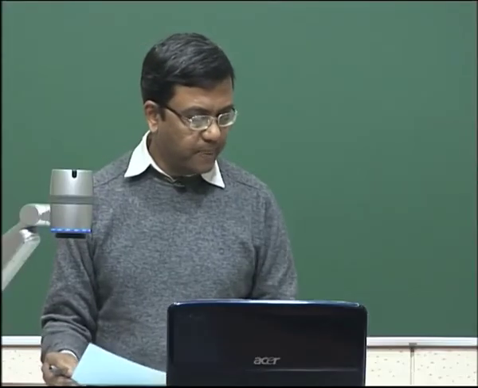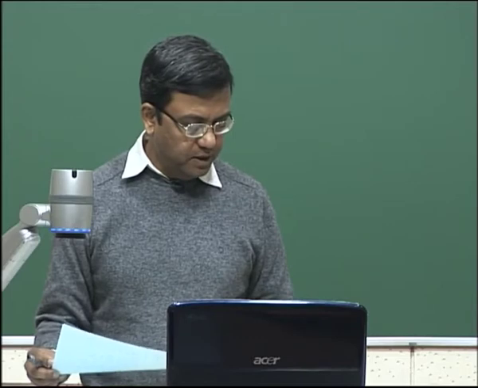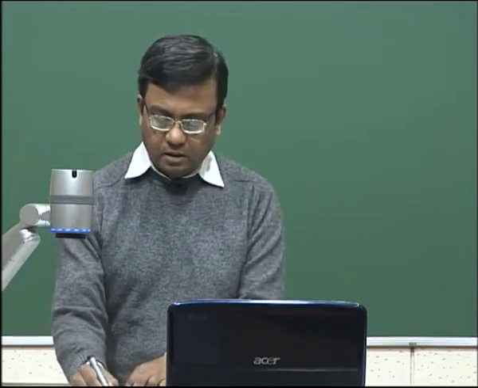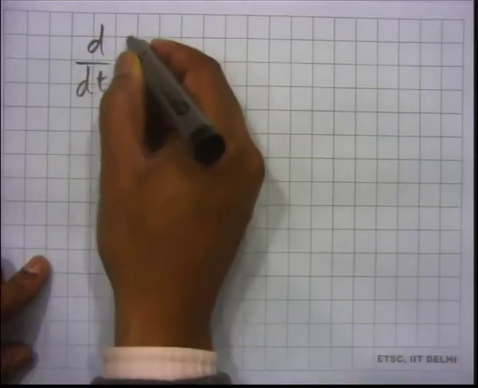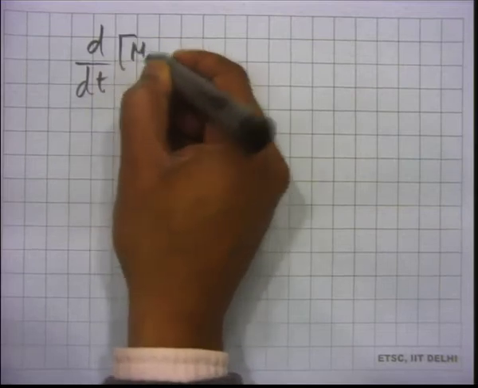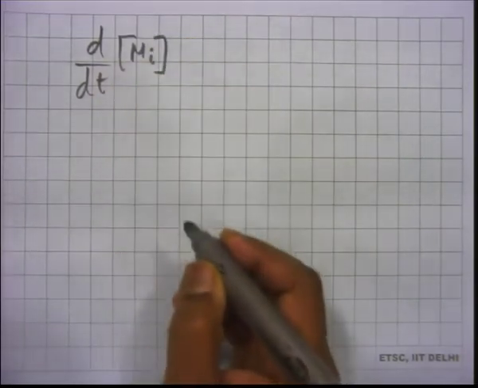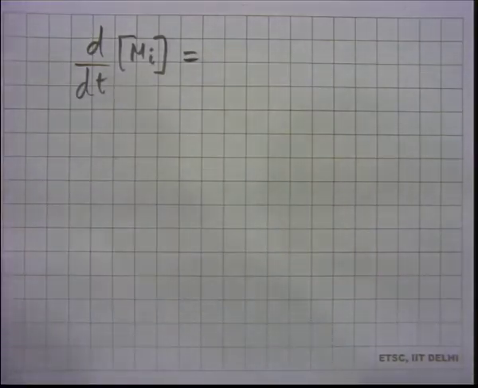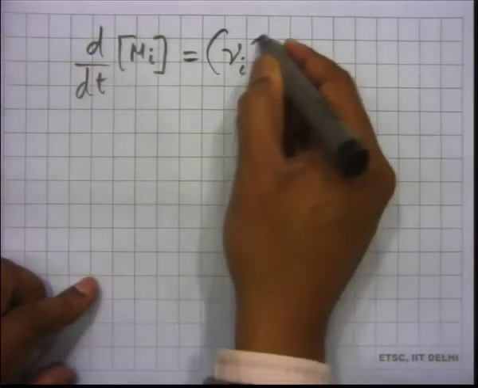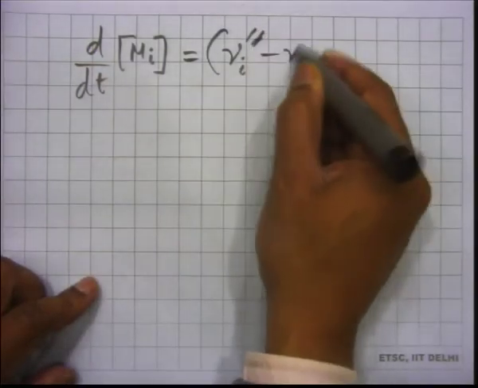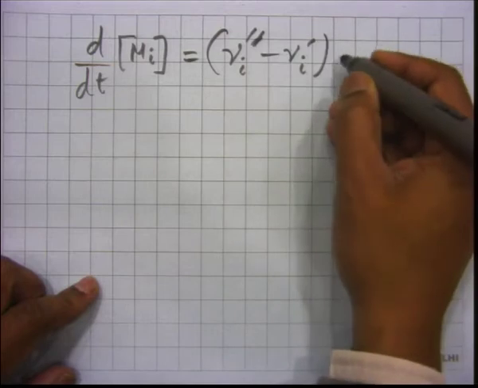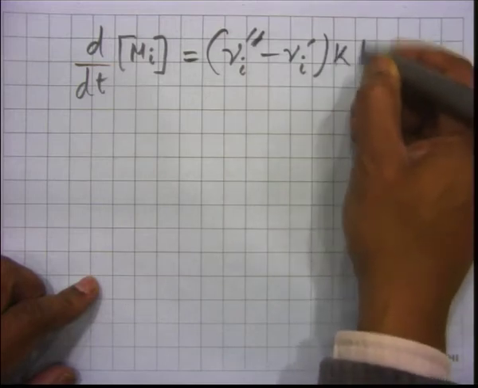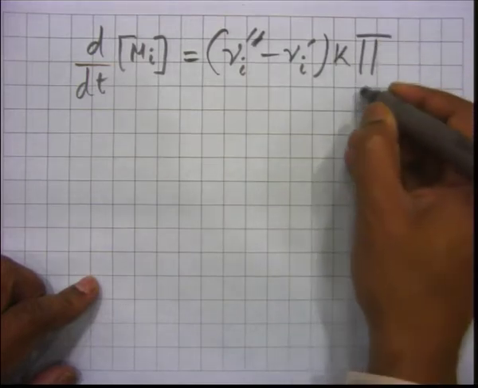It tells you that we can write d dt of mi, that is d dt of mi must be the rate of change of concentration of the ith species. So, that is equal to nu i double prime minus nu i prime into k into this.